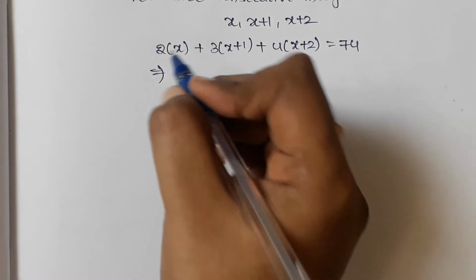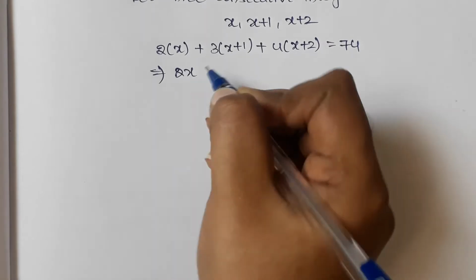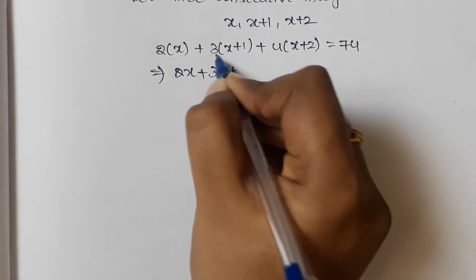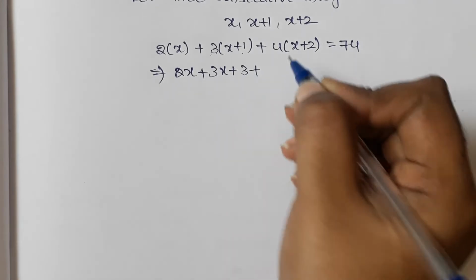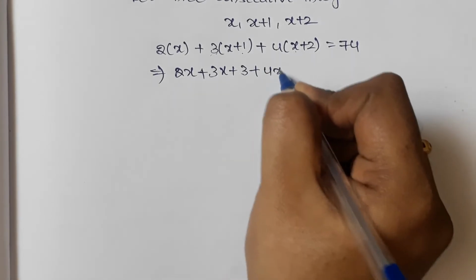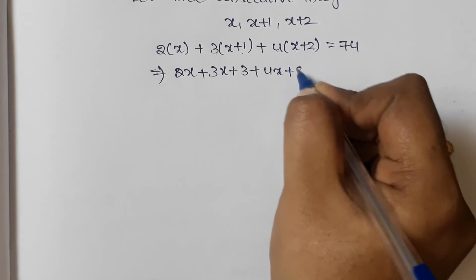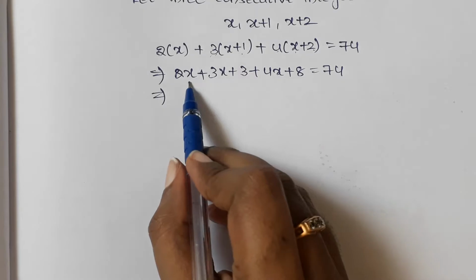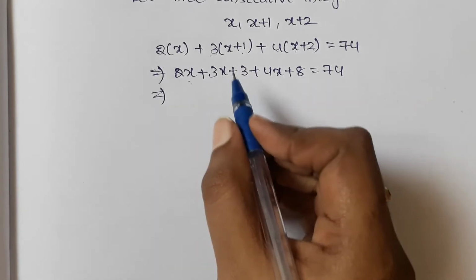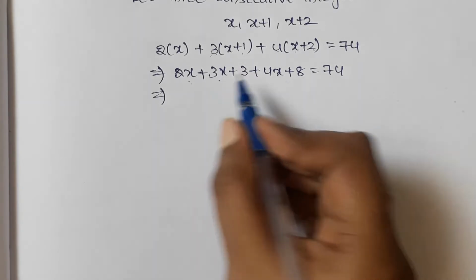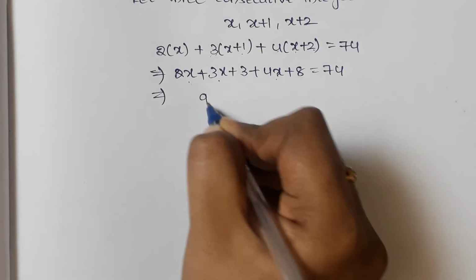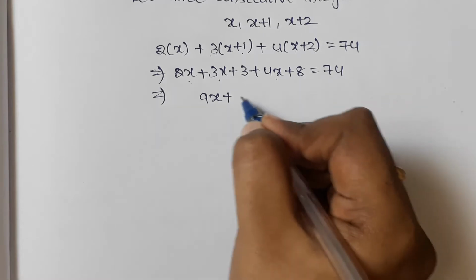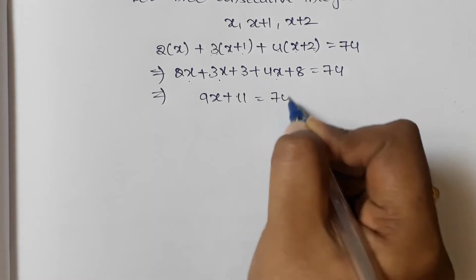Now here 2x plus 3 into x, 3x, plus 3 into 1, 3, plus 4 into x, 4x, plus 4 into 2, 8, equals 74. Here all the x should be added. 2x plus 3x, 5x, plus 4x, 9x, plus 3 plus 8, 11, equals 74.